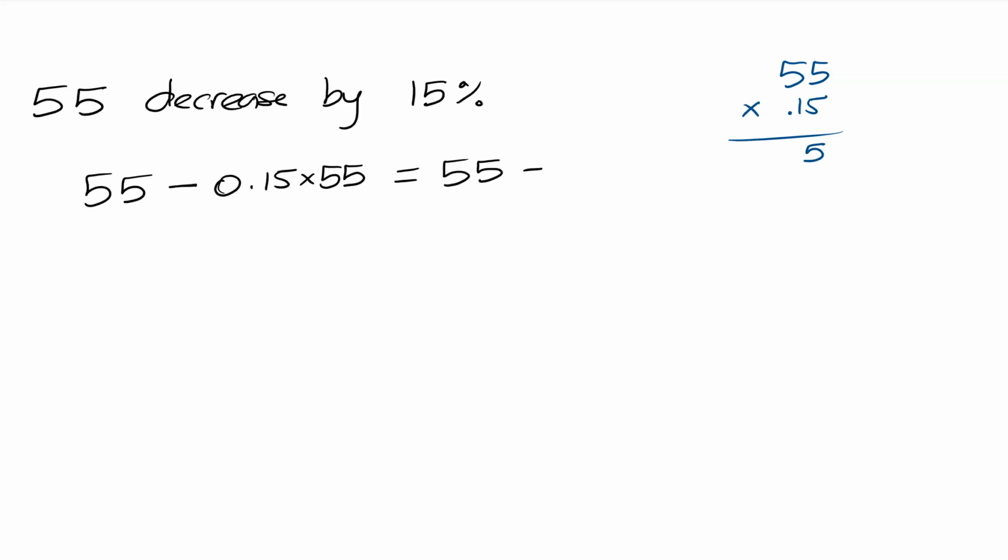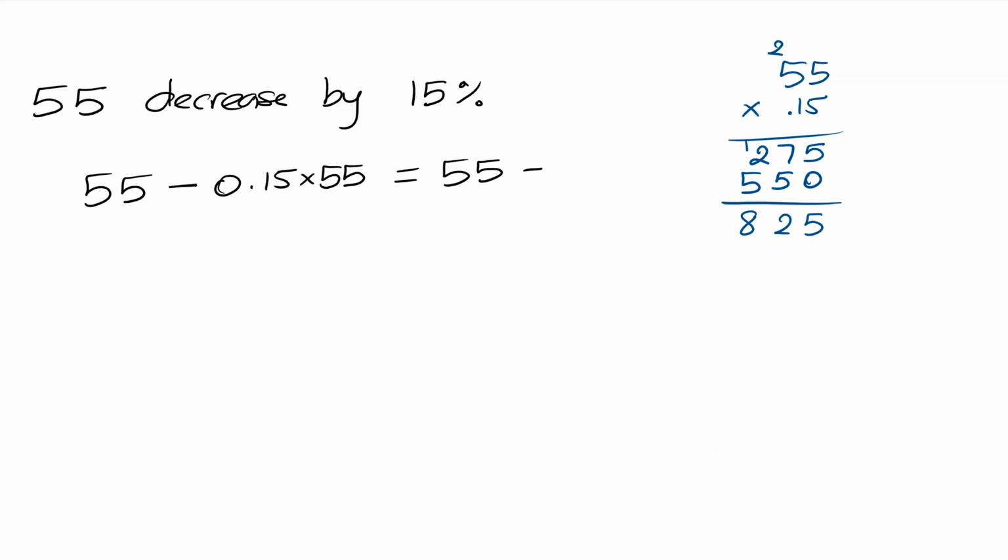5 times 5 is 25. We carry the 2. 5 times 5 is 25, plus 2 is 27. We add our 0 down the bottom as our buffer. 5 times 1 is 5. And 5 times 1 is 5. We add it up. We get 5. That becomes 12, so we carry the 1.